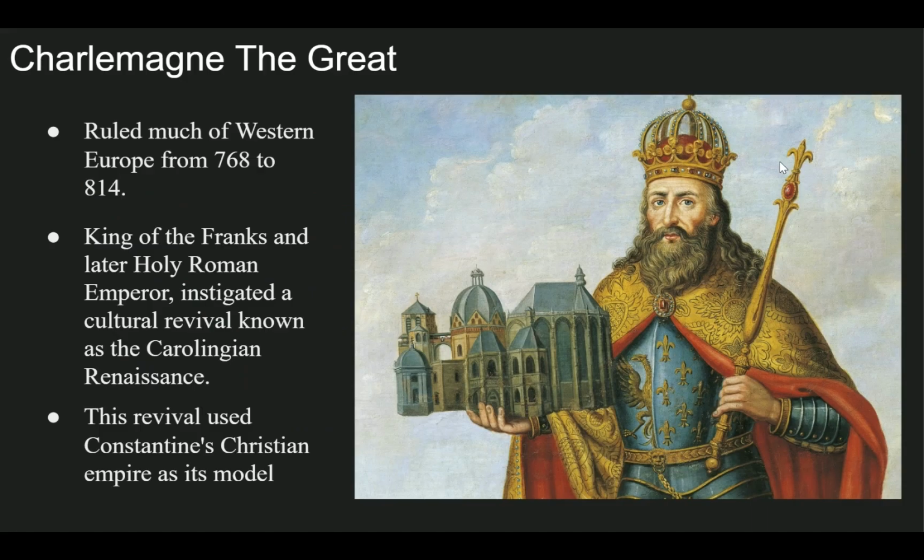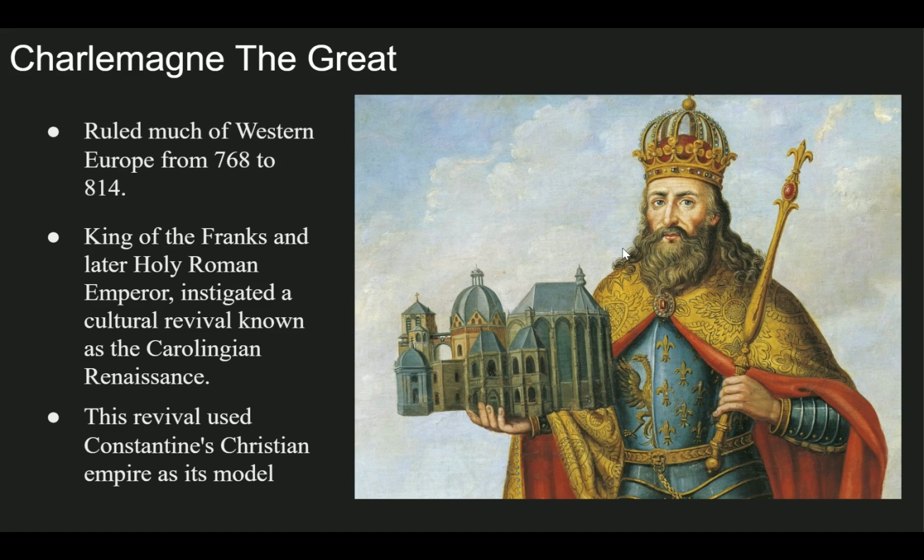The iconoclasm period. And then we have Charlemagne the Great. So Charlemagne the Great ruled much of Western Europe from 768 to 814. He was the king of the Franks, the later Holy Roman Emperor. He instigated this cultural revival known as the Carolingian Renaissance. So considering this image, how he's holding this church.